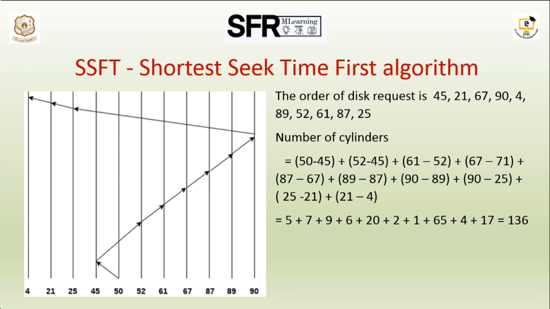It moves in the same direction, and when it reaches the maximum track, it turns in the opposite direction to 25, and so on till 4. The number of cylinders is calculated as the difference between the tracks. So finally 136 is the resulting number of cylinders.